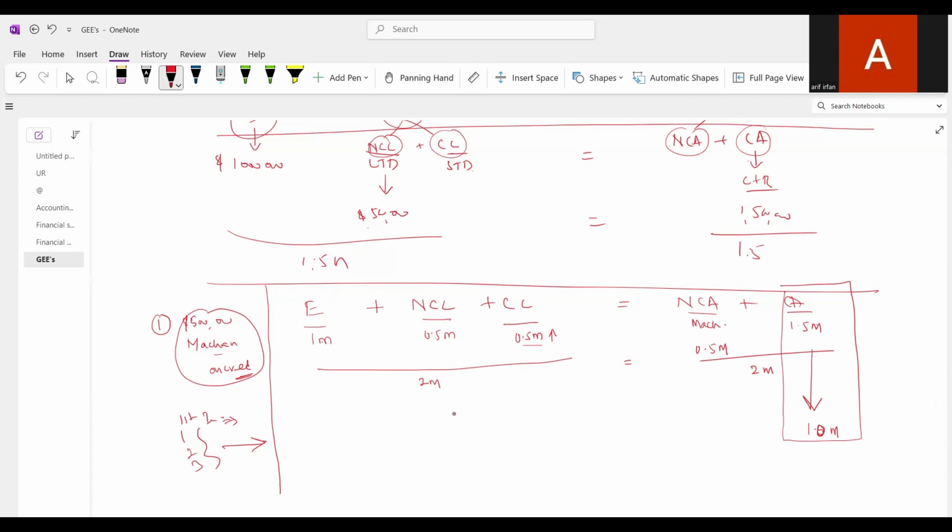You have paid a liability that represents machinery, which was already recorded in the balance sheet. So that liability is increased or reduced? Reduced. So this current liability is now how much? Zero, because we have paid using this cash.